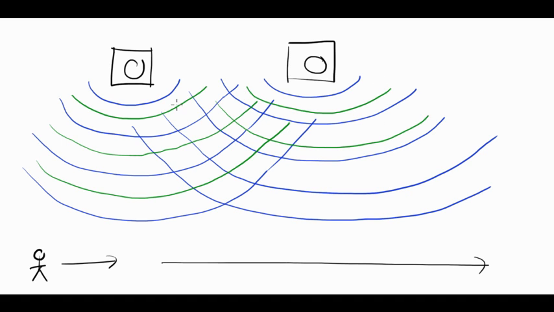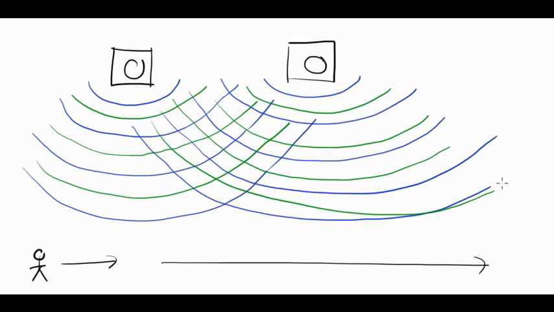Blue crests and green troughs. Let's try that one again. As you can see, we have areas where blue meets blue. So here, that would be crest, crest, and green meets green here, trough, trough, crest, crest, trough, trough, crest, crest.